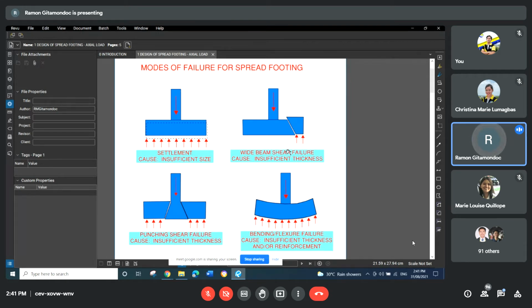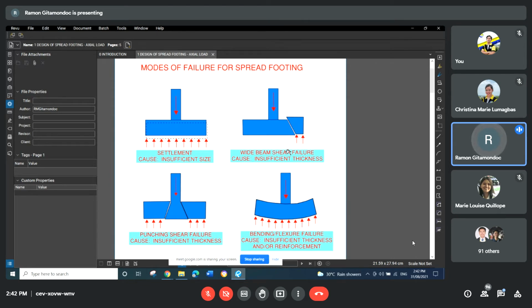So that is called a punching shear failure. Again, to address punching shear failure, we can either increase the footing thickness, which is usually the common solution, or you can increase the concrete compressive strength, because the shear strength of concrete is proportionate to the compressive strength. Okay?